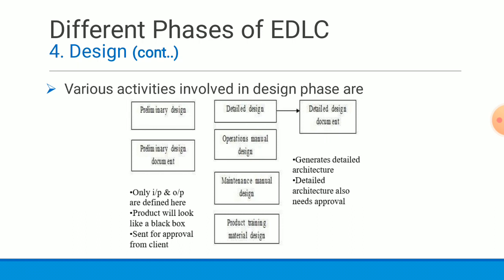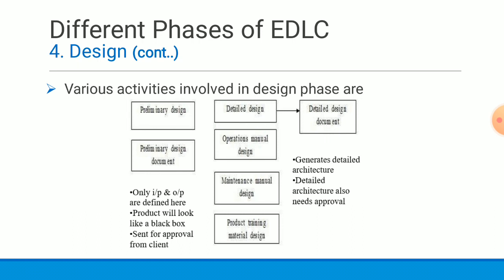So at the end of preliminary design, a document that is called preliminary design document, PDD, is sent for review to the end user or client. If the preliminary design document is approved by the client, the next step is detailed design. In detailed design, it generates detailed architecture and identifies and lists out the various components for each functional block.